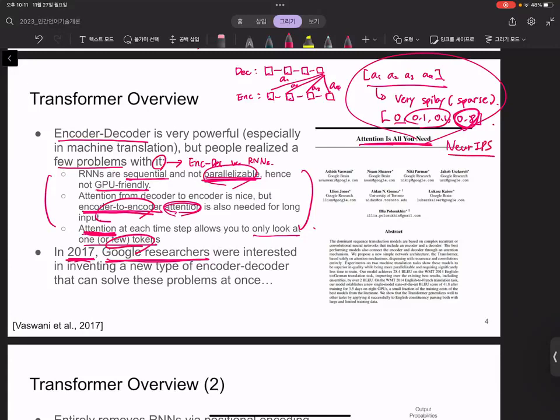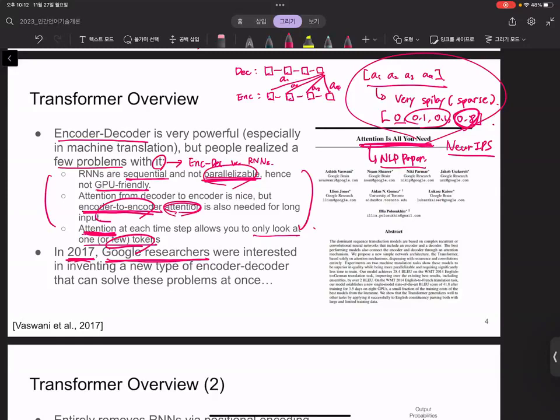I think this is weird because this is a pure NLP paper, right? If you see this paper, then you realize that there are no other experiments other than NLP.